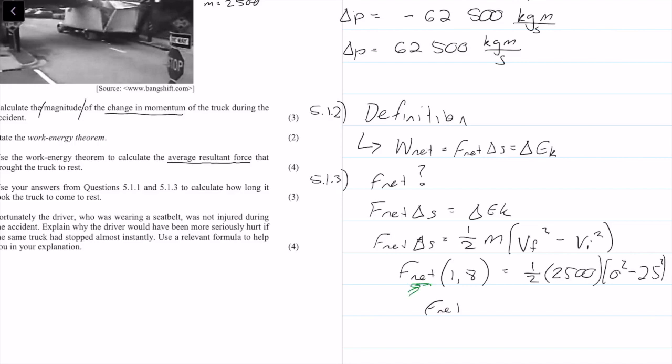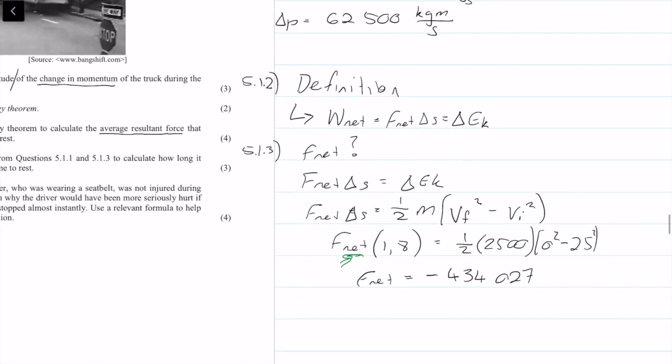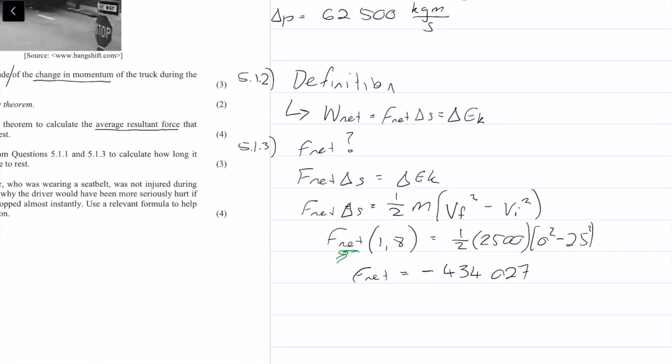F net is equal to minus 434,027.78 newtons. The minus just indicates the direction, right?